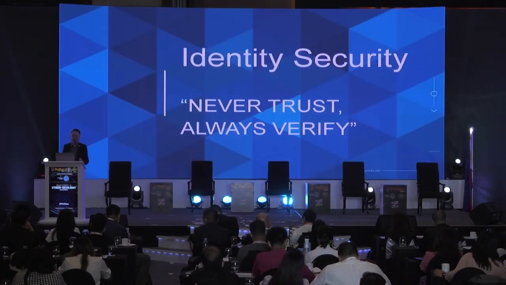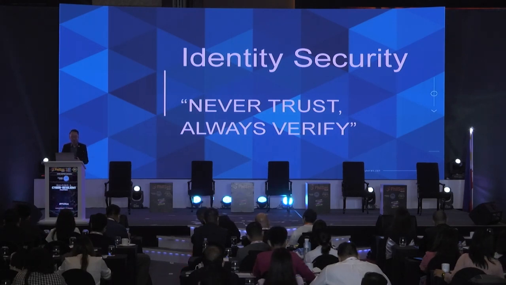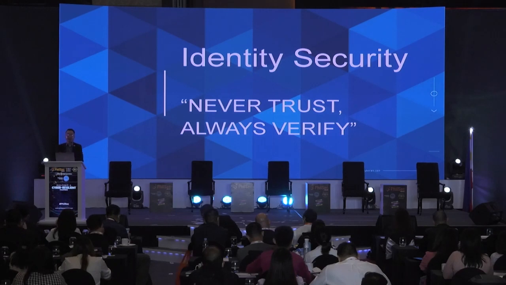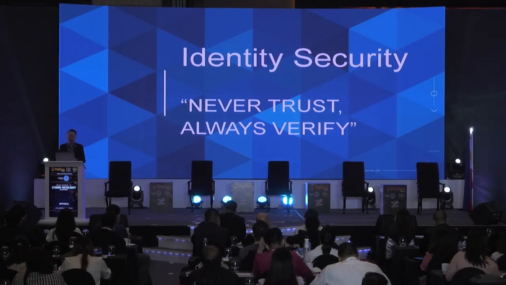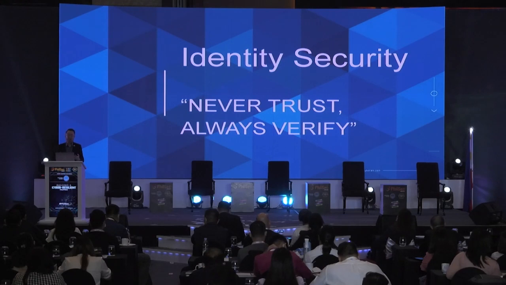So let's talk a bit about identity security and how you can use it to secure that new perimeter. Just like adopting an assume breach mentality, the concept is to never fully trust a user or an identity. Here's how we can go about doing this.